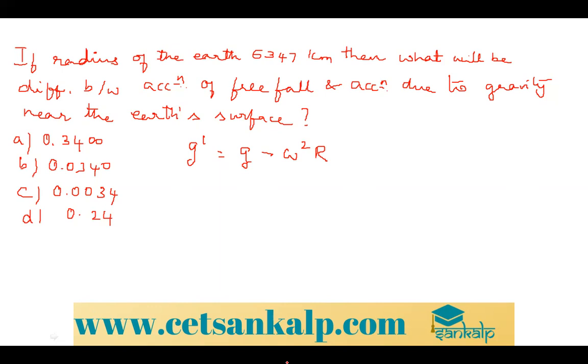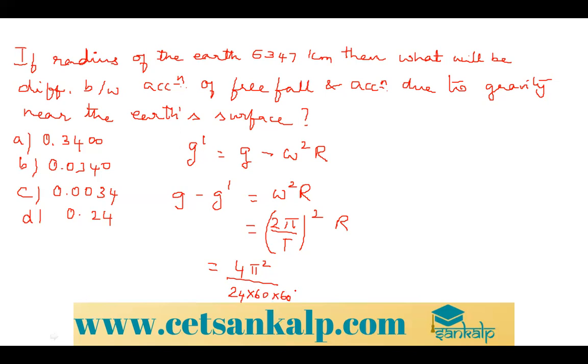So g minus g dash is equal to omega square R. Okay, that is equal to, I can write omega as 2 pi by t, the whole square, into R. So it is 4 pi square divided by, as you know, it is 24 hours per day, 24 into 60 into 60, that is the time, the whole square, into 6347 into 10 to the power 3.